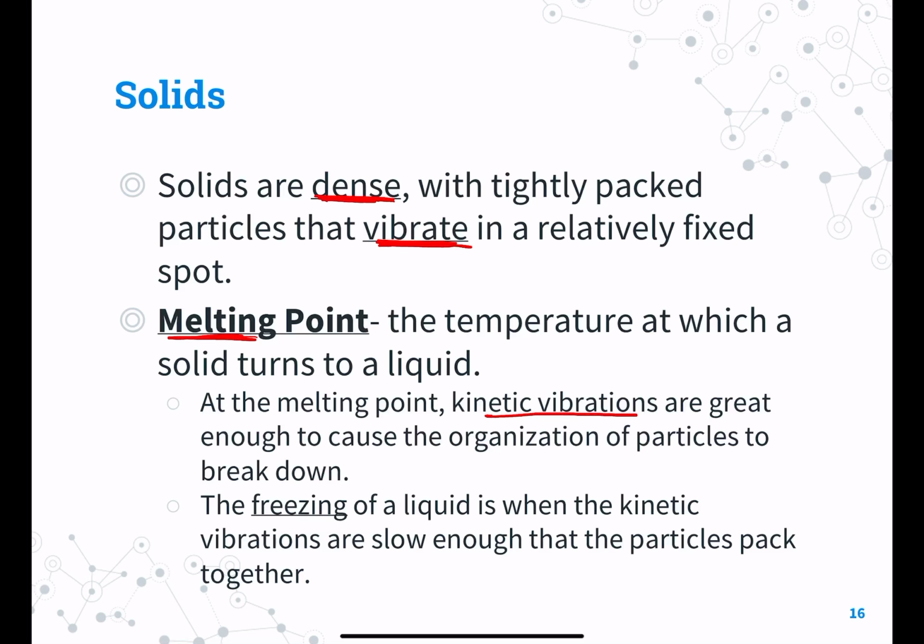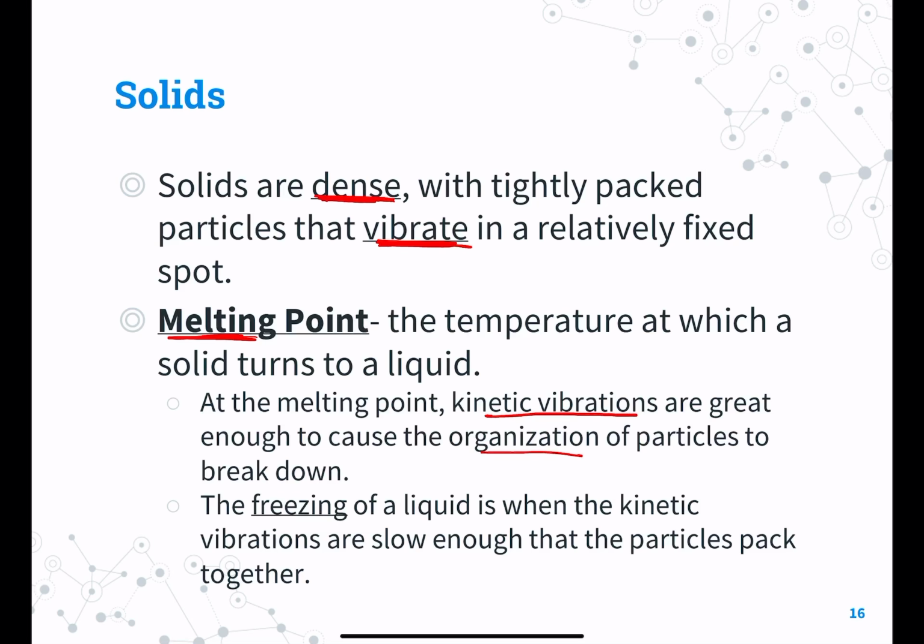Eventually, it's kind of like an earthquake, right? We can have a small little vibration in an earthquake and nothing's going to happen. But at some point, it's going to lose structure and escape that fixed solid pattern. In this case, it's going to cause the organization to break down and move into the next state of matter, which is the liquid.